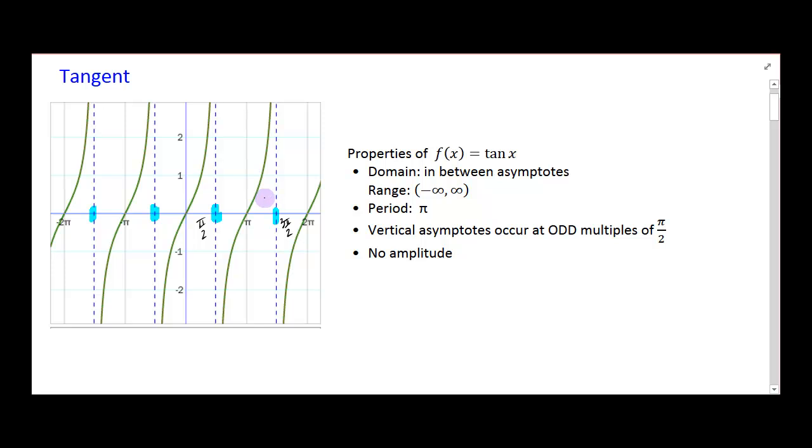Okay. Vertical asymptotes occur at odd multiples of pi over 2. So here I have pi over 2, 3 pi over 2. I could move back and go negative pi over 2, negative 3 pi over 2. That would just be a pattern that you would notice. And the last property we want to distinguish here is that there is no designated amplitude.